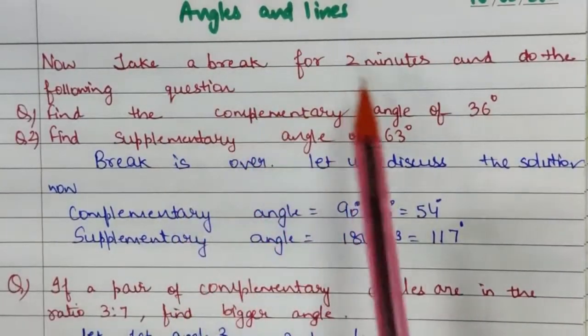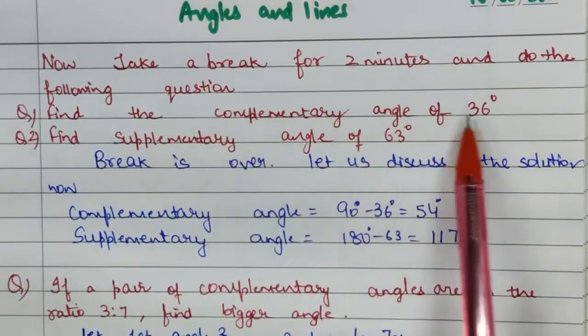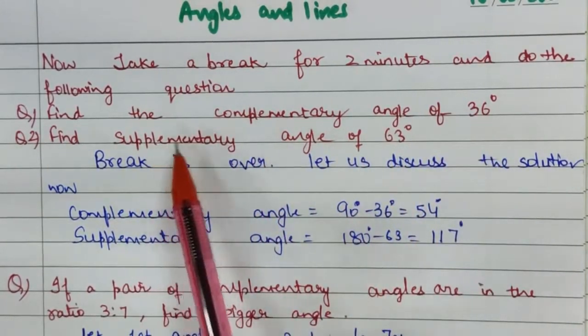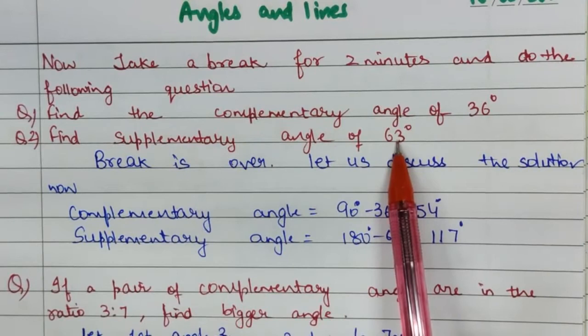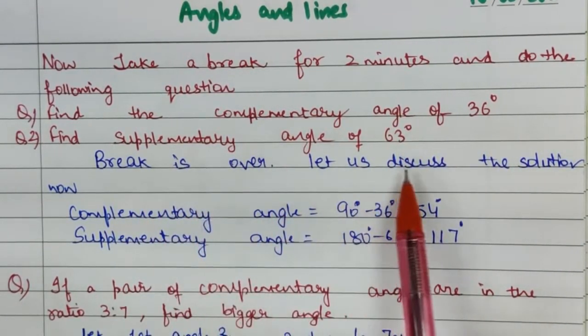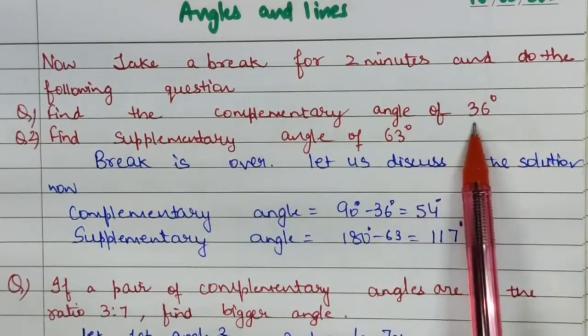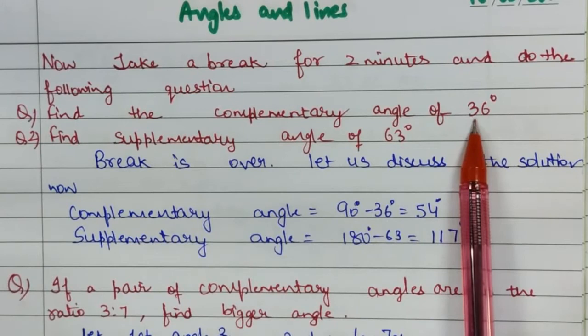Now take a break for 2 minutes and do the following question. Find the complementary angle of 36 degree and the supplementary angle of 63 degree. Break is over, children. Let us discuss the solution. Now we have to find the complementary angle, and we know the sum of complementary angles is 90 degree.